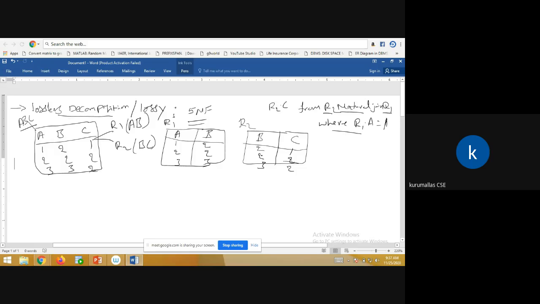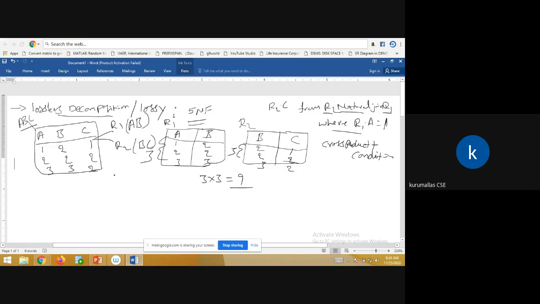Natural join means we apply the cross product plus the condition. Three rows times three rows, 9 rows are available, right?